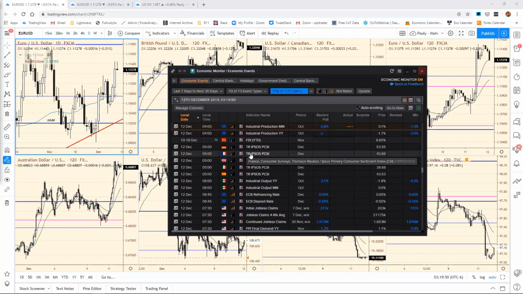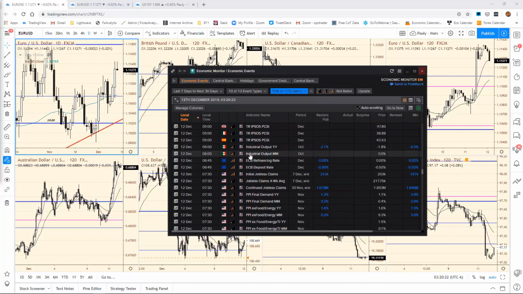That's the Thomson Reuters Ipsos Primary Consumer Sentiment Index for Germany, France, the UK, Italy, and Spain. Well, that's odd, they're all coming in at the same hour. Obviously a proprietary index, but it's all coming in at 6 a.m.